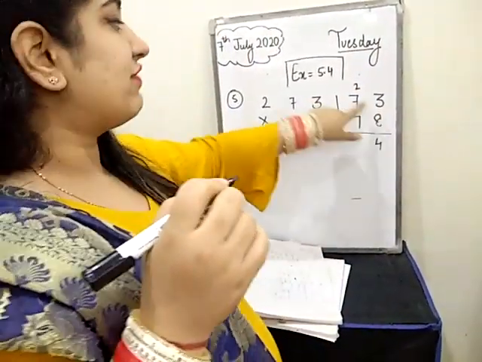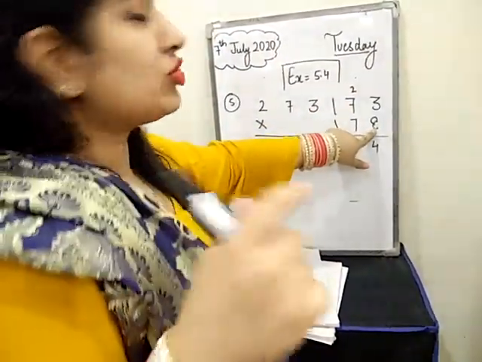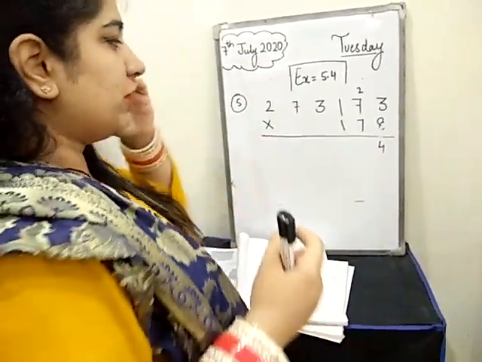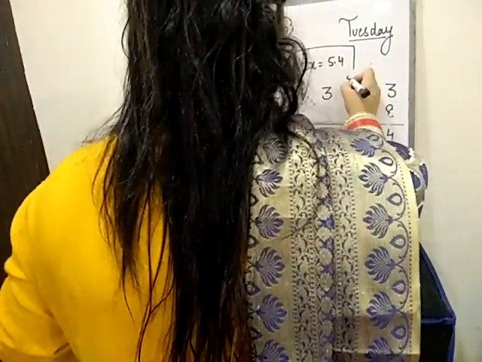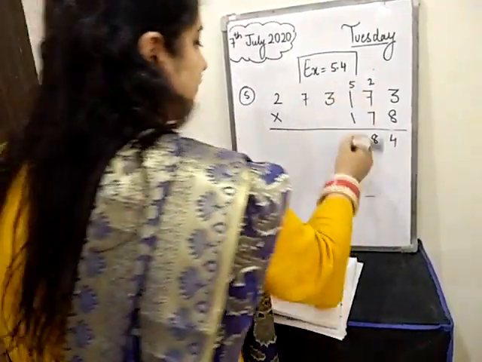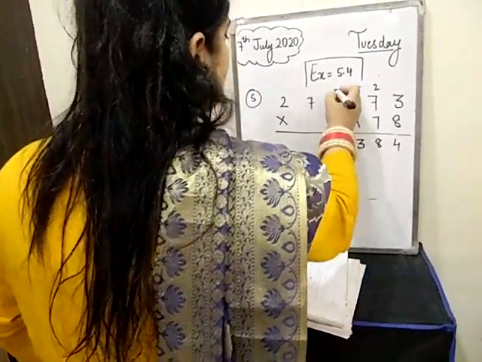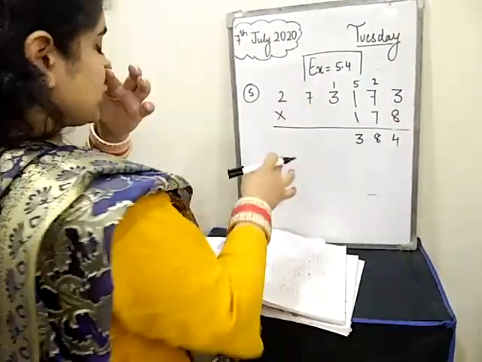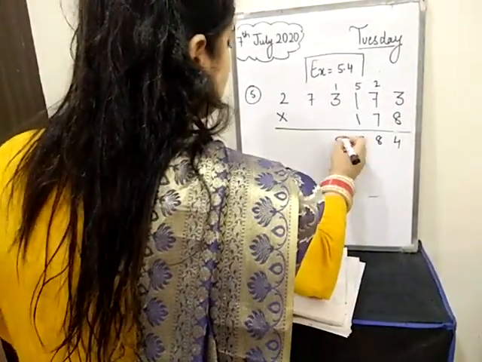Now you will multiply 7 with 8, or you can say 8 with 7. So 8 multiplied by 7 will be 56 and 2, 58. So 5 here. Now you will multiply 8 with 1, that is 8 plus 5, 13. 3, carry 1. 8 with 3, that is 24 plus 1, 25.